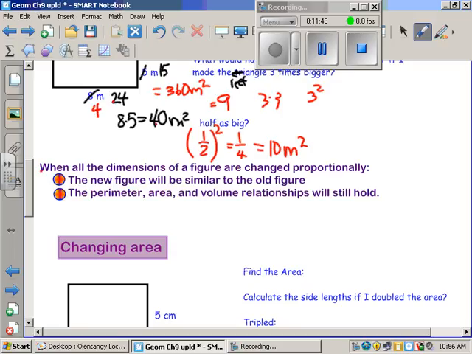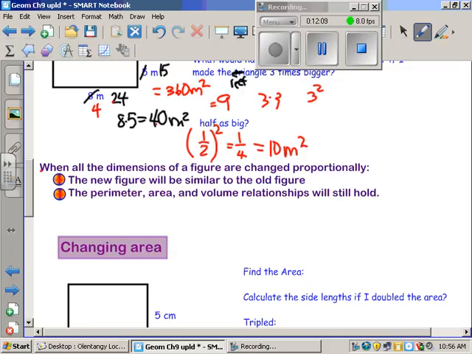So the perimeter ratio would stay the same. The area would be the square of the original change, and the volume would be the change cubed. Okay?